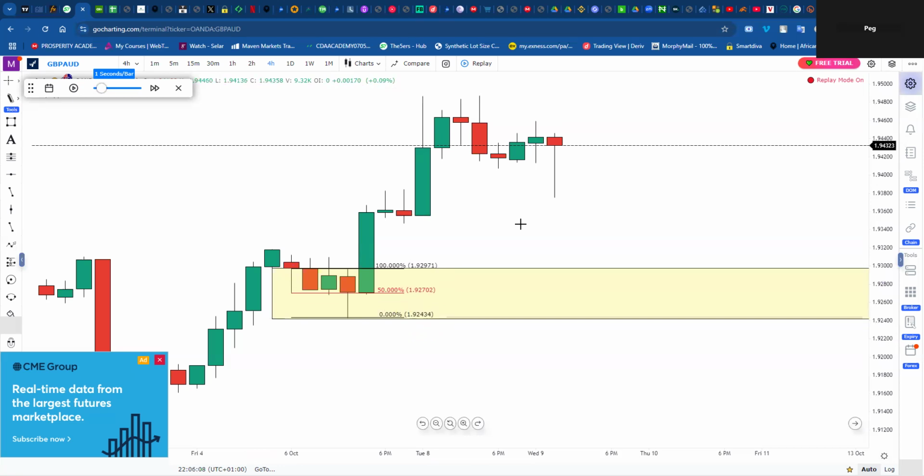The body is in the top 50%. Yes or no? Yes, it is. So if the body is in the top 50%, that means this candle is bullish. Look at the bullish pressure. This bullish pressure was strong enough that it resulted in these big momentum candles.